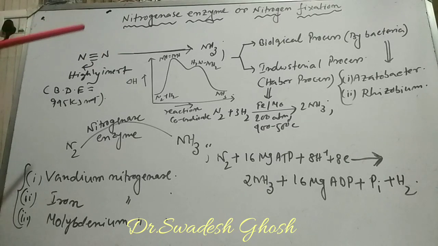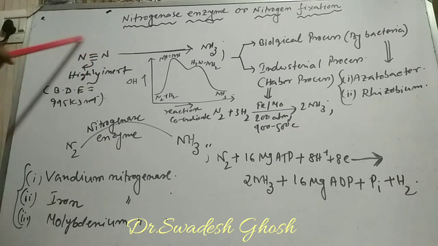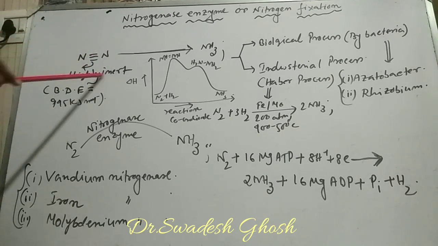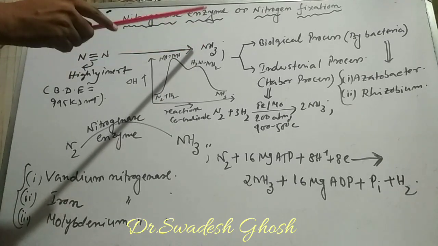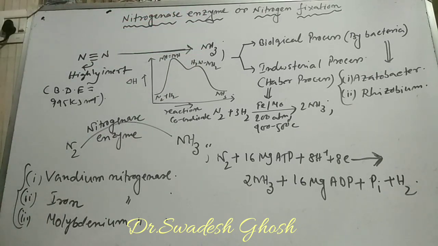By the help of the nitrogen fixation process, atmospheric nitrogen can be converted to ammonia, and this ammonia can form protein, amino acids, and porphyrin, which are important compounds in human life.